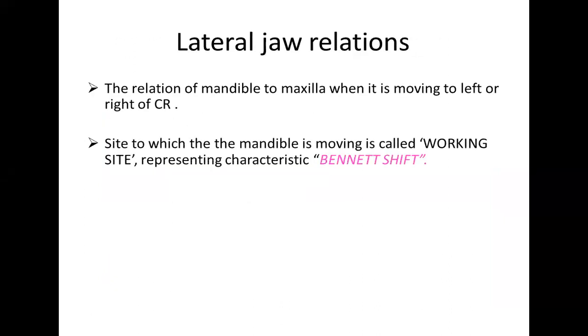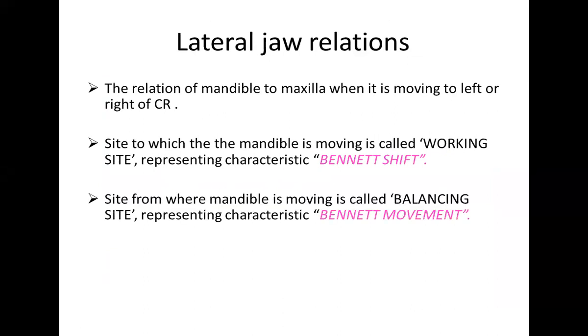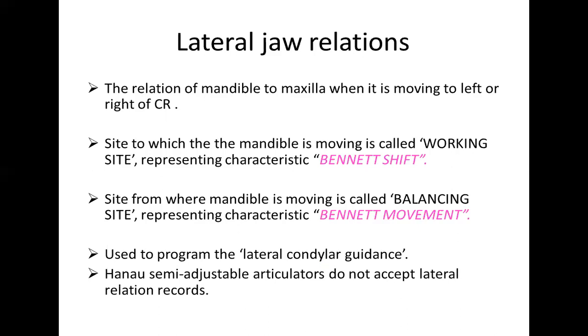Similarly, when you move the jaw laterally to one side, suppose you are moving the jaw to your left side, the ipsilateral condyle, the left side head of the condyle, is called the working side condyle, and the opposing side condyle is called the balancing side condyle.